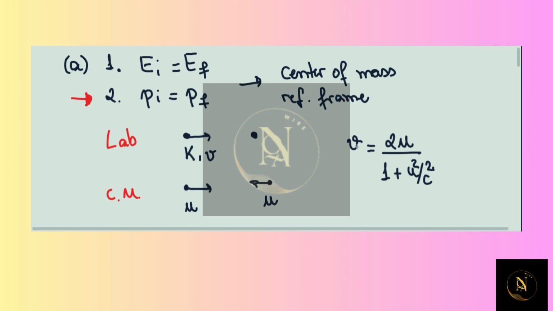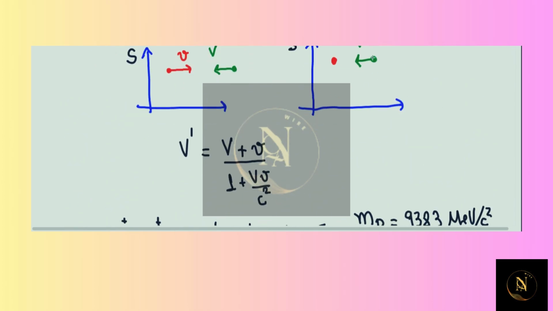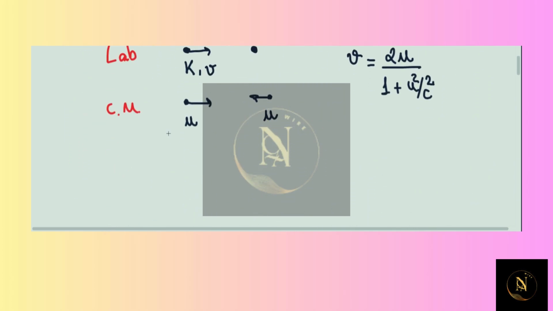This comes from the equation that I talked about when I was talking about transformation of velocities. So let's keep this equation in mind. We're going to need it after we work in the center of mass reference frame.